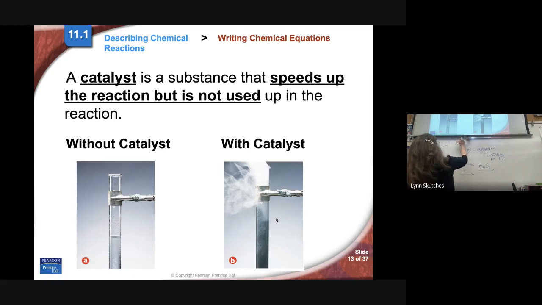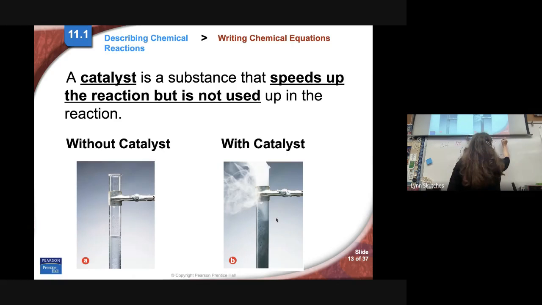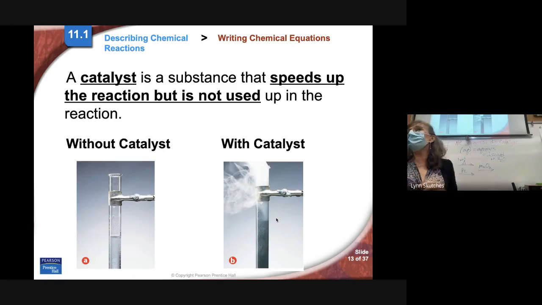Anyway, enzymes equal biocatalysts. Okay, they're not used up, they're not really part of the reactants or the products. They're just making it go faster. You guys know if you eat food, if you didn't have enzymes, you'd die, because nothing would get digested in time to keep you alive.